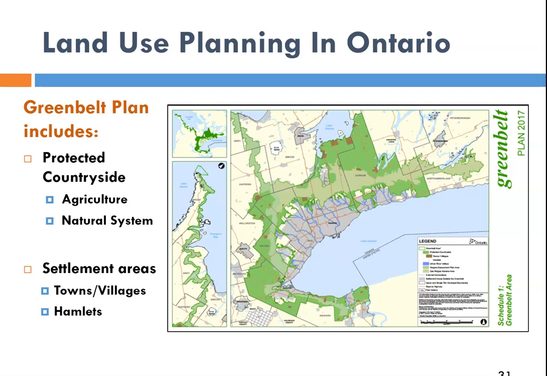When you think about the development side, we're then looking at classifying that development into specific areas. You'll see settlement areas defined as towns and villages or hamlets, and there's very specific guidance on how those areas can be developed.